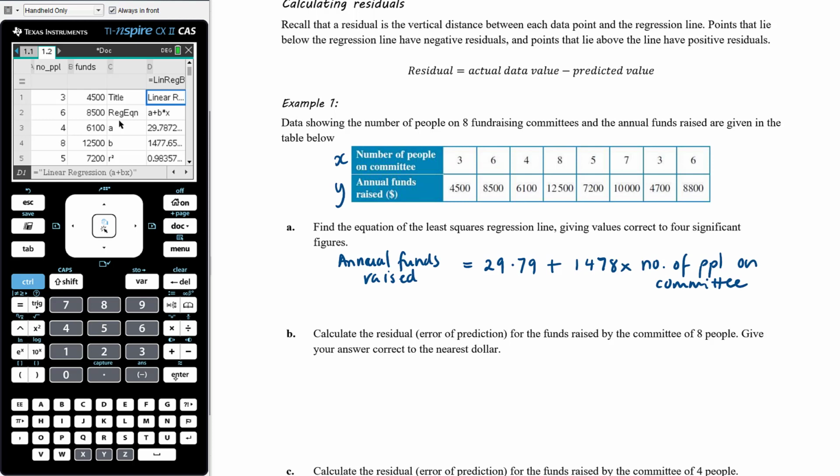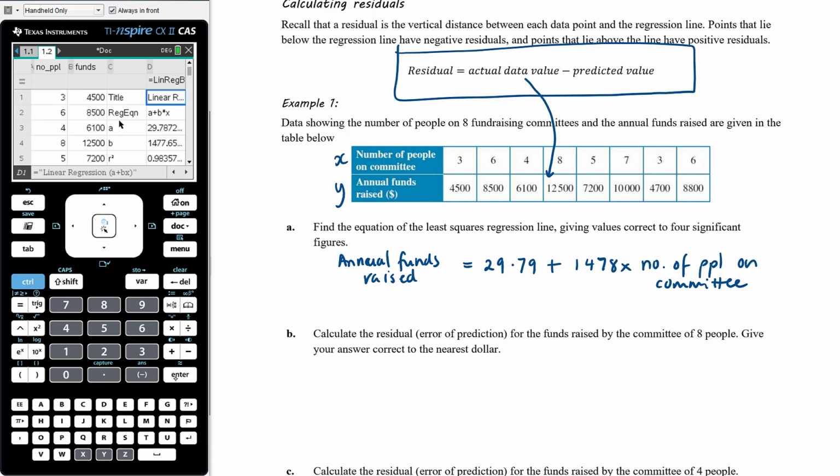Part B, calculate the residual, that is the error of prediction, for the funds raised by the committee of 8 people. Give your answer correct to the nearest dollar. So let's have a look at the top here. Our residual value is our actual value minus the predicted value. We've got the actual value from the table. When we have a committee of 8, we know that they actually raised $12,500.